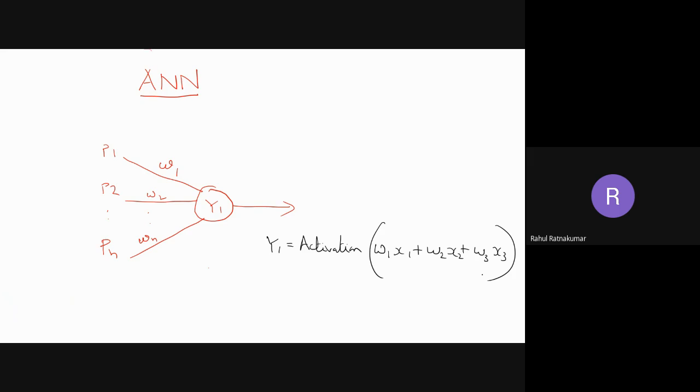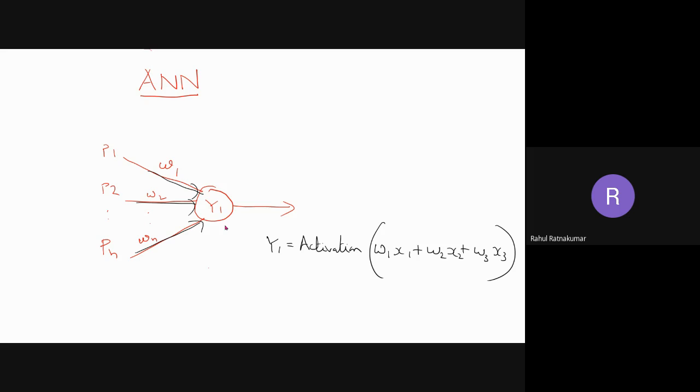This is the input to the activation function, right? So the output of the neuron is the activation function of the weighted sum of the neuron inputs. The weighted sum of the inputs goes to this node, and the output is the activation function of this weighted sum.